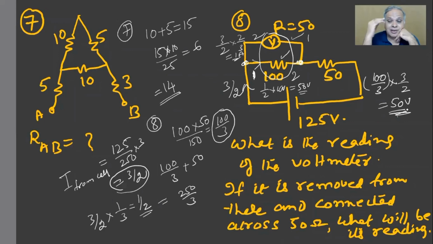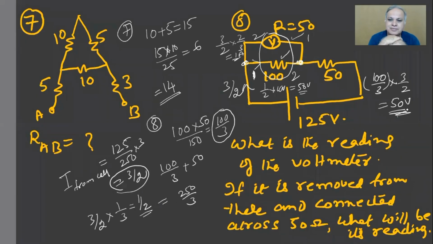But we connected the voltmeter. The resistance of that is not changing. Whether you connect it across 100 or across 50, that R equals 50 is not changing. So I could have guessed it. If it was 50 across 100, probably it could be 25 across 50. Not that you should guess every time like this, but you can guess and estimate, and later prove it.